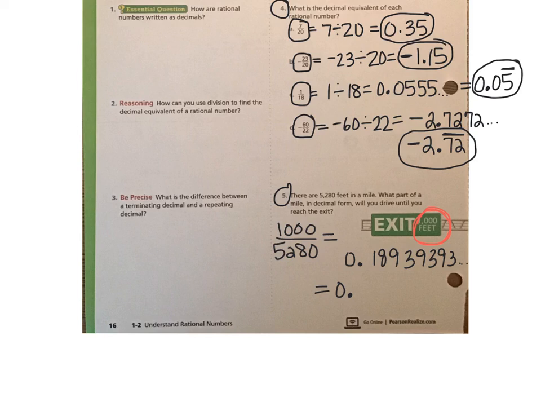I see the first two digits are 1 and 8. And that's the only time I see the 1 and the 8 in the decimal number. So those two digits do not have a bar across them because they don't repeat. After the 8, I see a 9 followed by a 3, and another 9, and another 3, and 9 and 3 again. And that's the pattern that keeps repeating. So the bar is going to go across both the 9 and the 3, but not across the 1 or the 8.